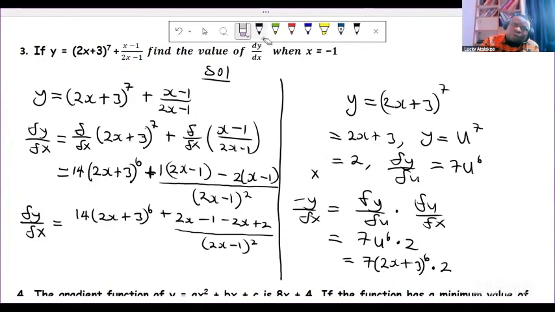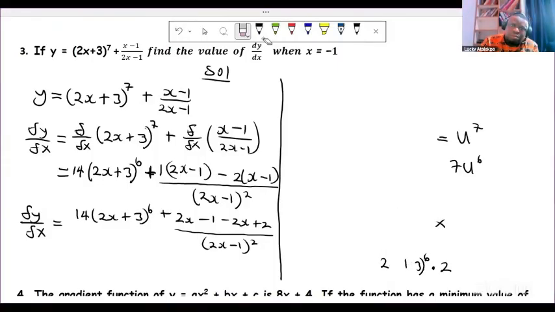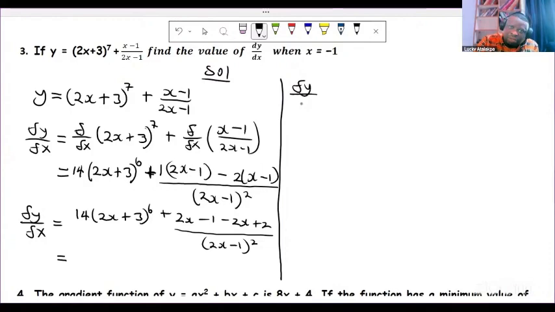Okay, let me continue here. The dy/dx, I'll write down 14 (2x + 3) to the power of 6 plus, so 2x minus 2x will cancel out.